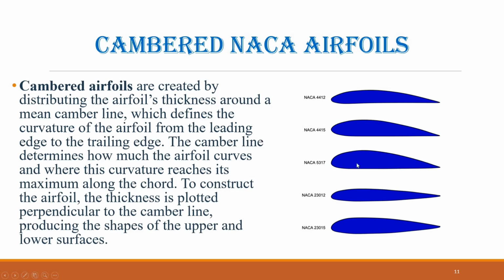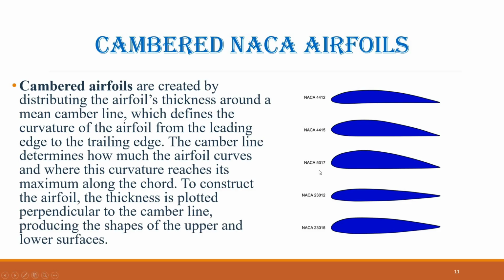NACA offers a variety of camber line profiles, including the 2-digit and 3-digit series. In these designations, the first 1 or 2 digits indicate the amount of camber, while the next digit specifies the location of the maximum camber along the chord.